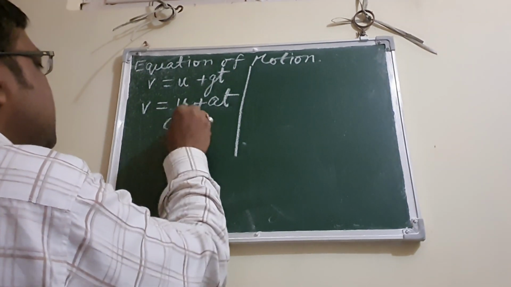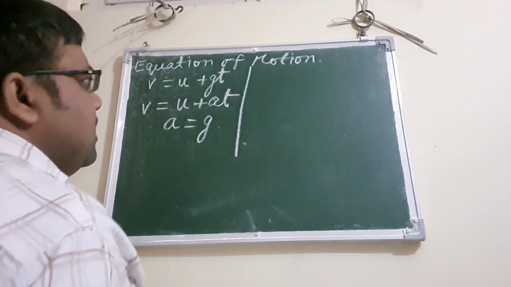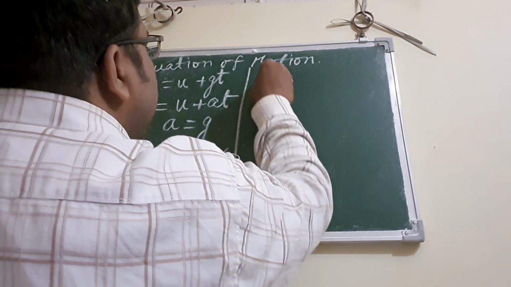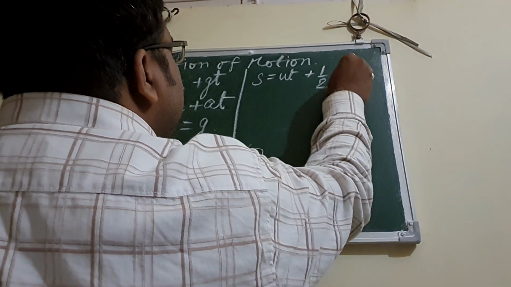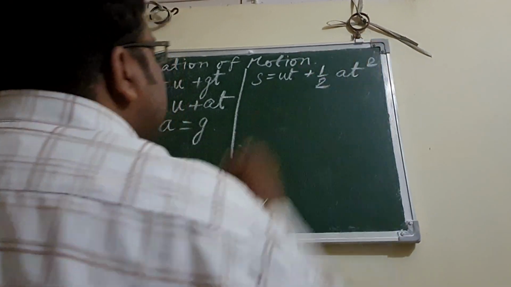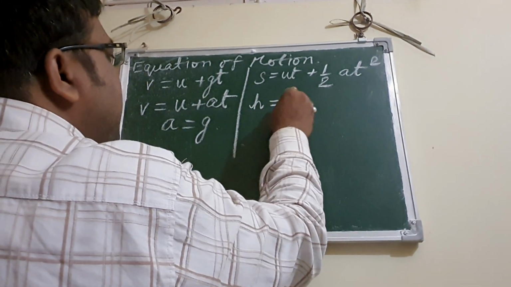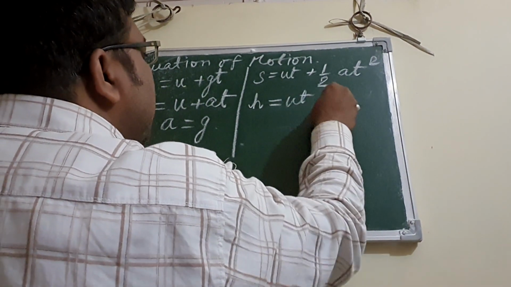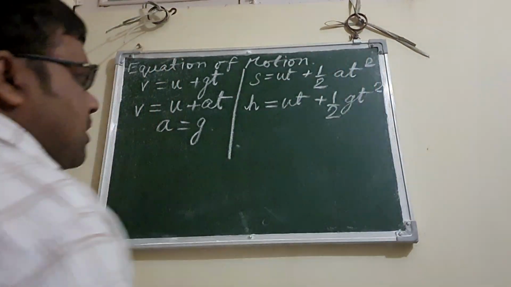Here the acceleration a is equal to g, in terms of gravity. The next equation is s equal to ut plus half at square. It will be changed in terms of gravity: s will be height, and half acceleration will be half g t square.